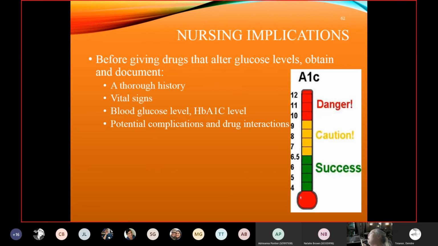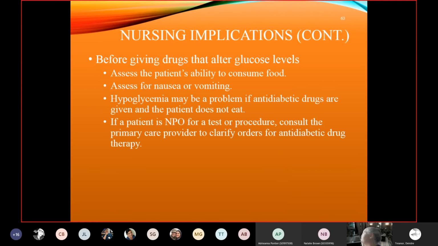Implications, obviously you want to take a history, vital signs, you want a blood glucose level, A1C, you may not always have that in the hospital, and look for any complications or drug interactions. For instance, steroids or corticosteroids actually will increase blood glucose, so you may want to be aware if the patient's on any of those. Before giving drugs, assess patient's ability to eat.